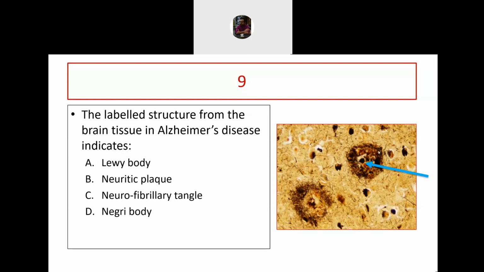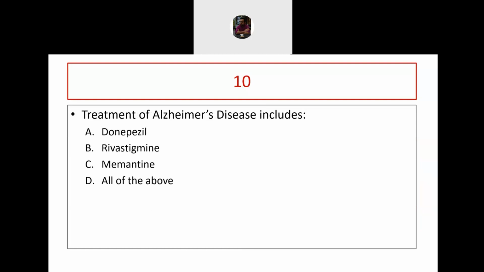So this huge area must be present outside the cell and therefore that should be an amyloid plaque. Therefore it is a neuritic plaque. So the answer is B, neuritic plaque. Finally, the treatment of Alzheimer's disease includes? Yes, the answer is all of the above.